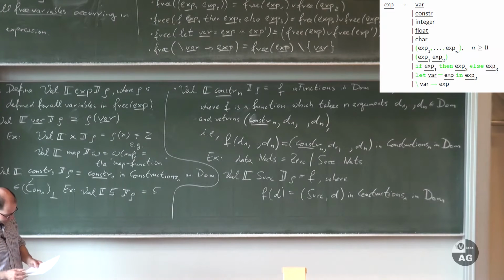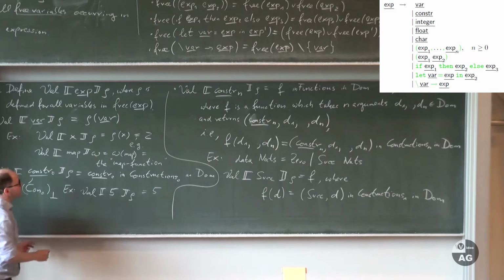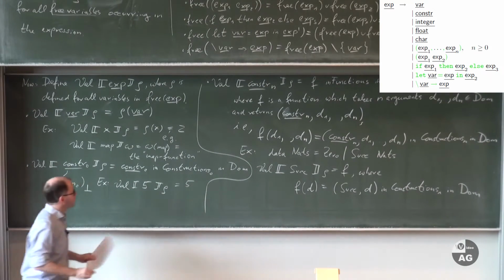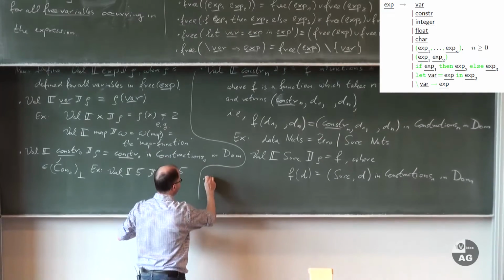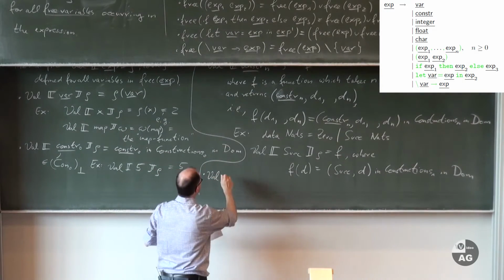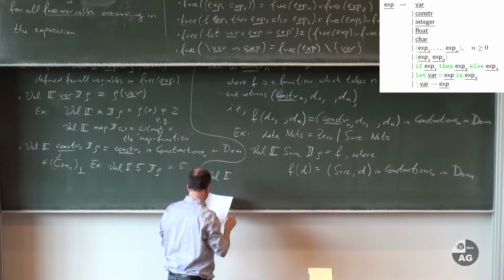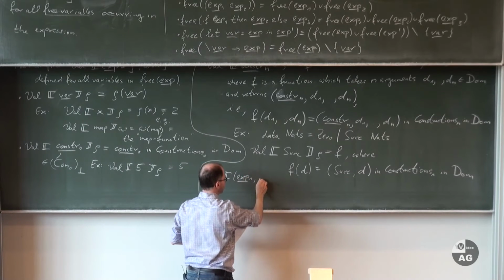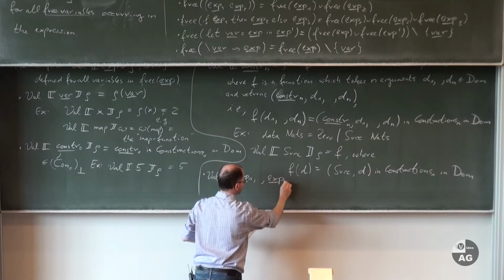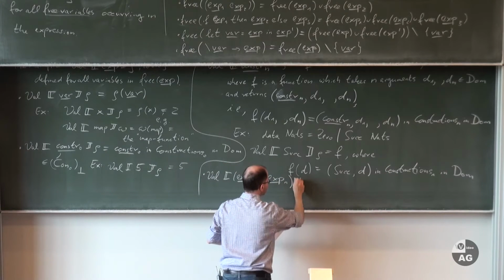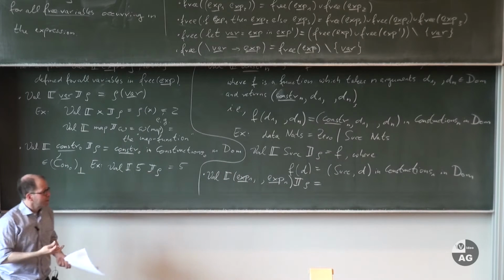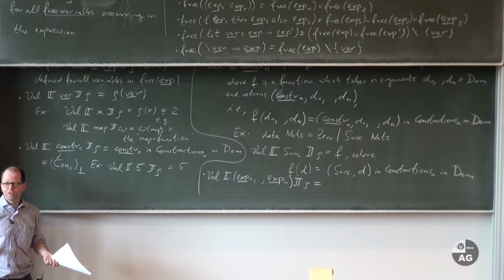Now what's the next thing? The next thing are tuples. What is the semantics of a tuple? So suppose I have a tuple with x1 to xn, and I want to find out the semantics of this. Well, in the domain, we have also tuples.